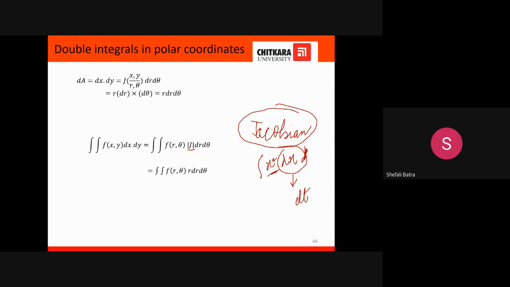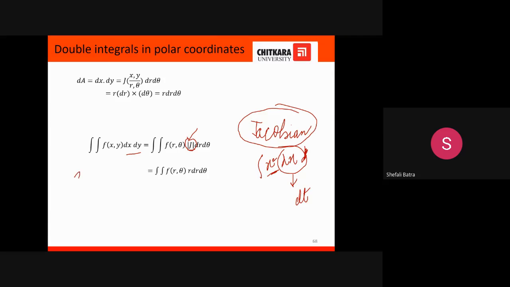But in multiple integrals, when you are dealing with two variables or three variables, when you are equating these integrals, you need one thing that is known as Jacobian. So whenever you do your conversion, even Cartesian to parametric, you need this Jacobian.